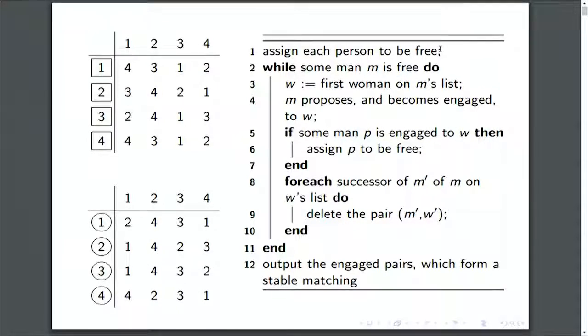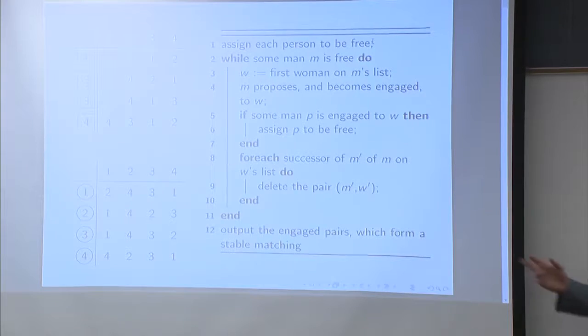So a little bit of background about how we do this. On line number 1, we're going to start off and say assign each person to be free. This is a little bit of a maintenance type deal, where we're making sure we reset the whole preference list of any possible matches that could have started by accident, so the algorithm runs smoothly.